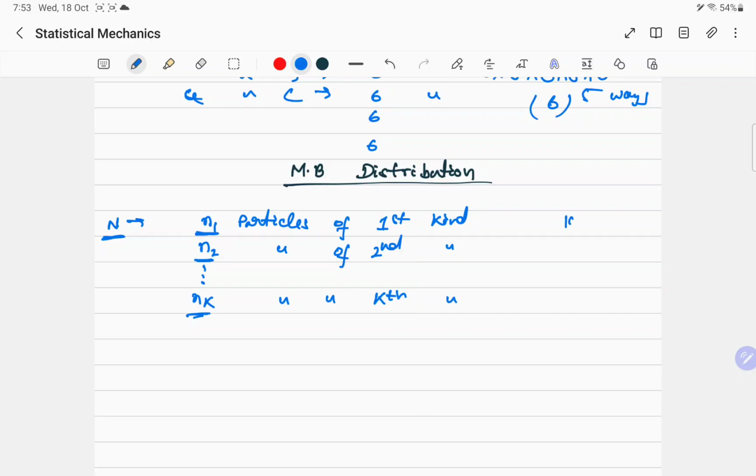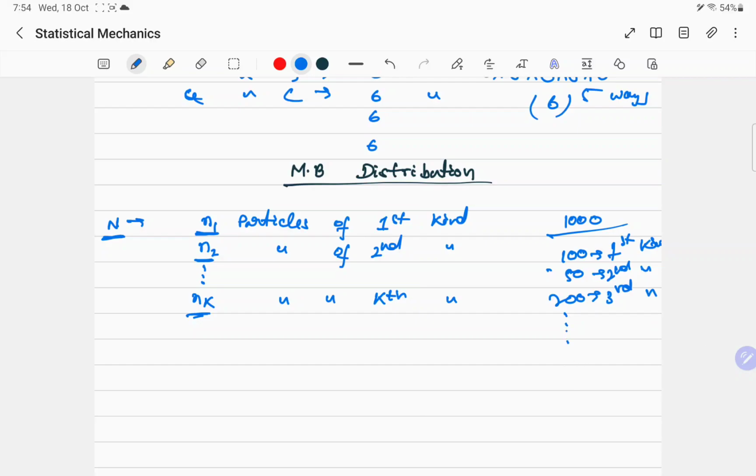That means, let's say I have 1000 particles. Among these 1000 particles, 100 particles are of first kind, that is, they are of the same type. Then there are, let's say, 50 particles of second kind, and then 200 particles of third kind, and then whatever is left for the kth kind.